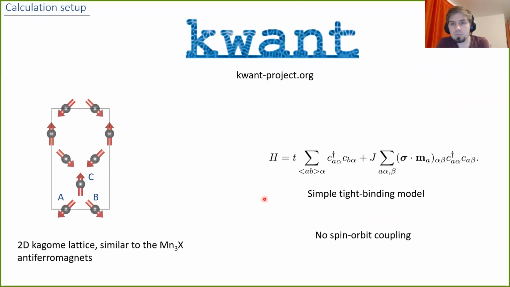Now I'll be showing numerical calculations. We have done this using Kwant, which is a very nice package for doing scattering calculations. We use a fairly simple model because, from previous literature, it's clear that what's really important here is disorder.